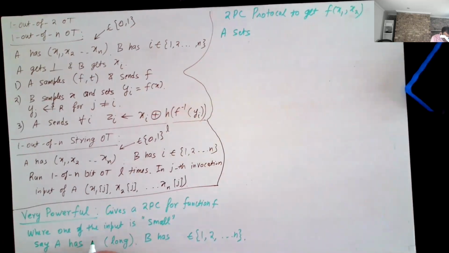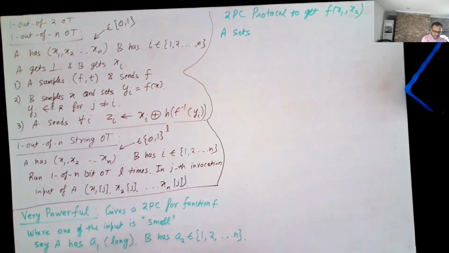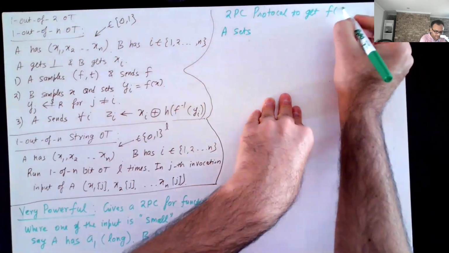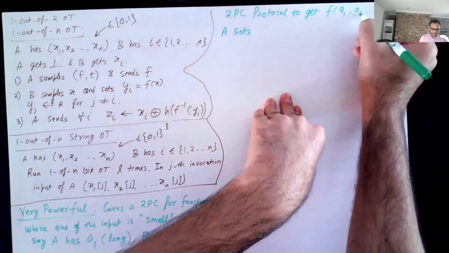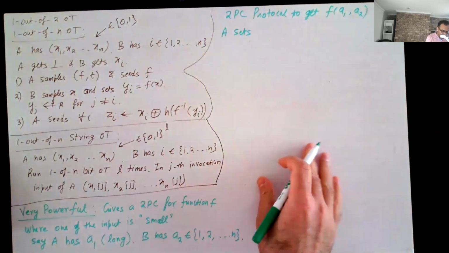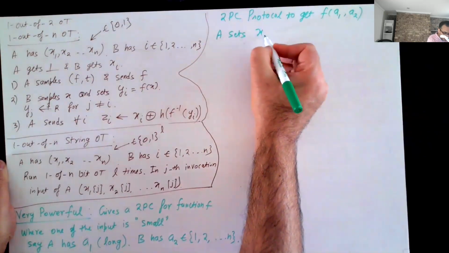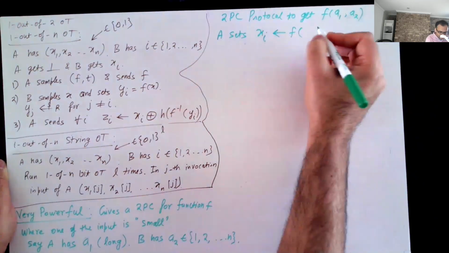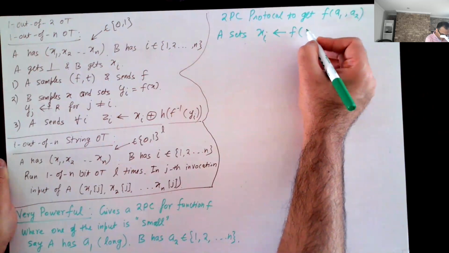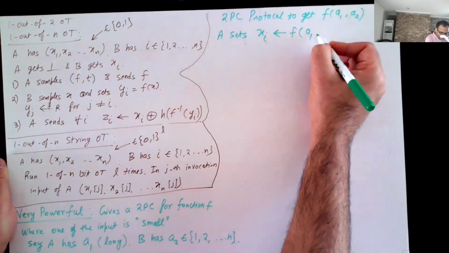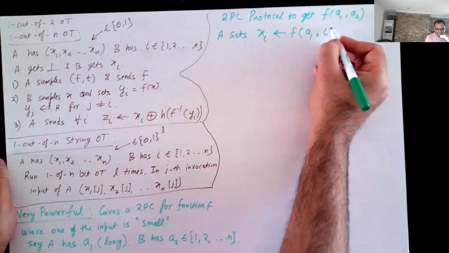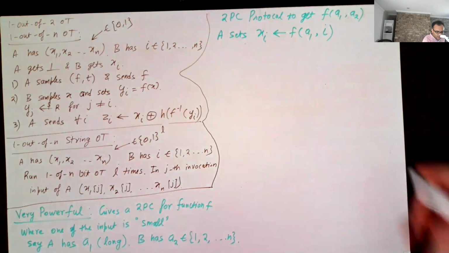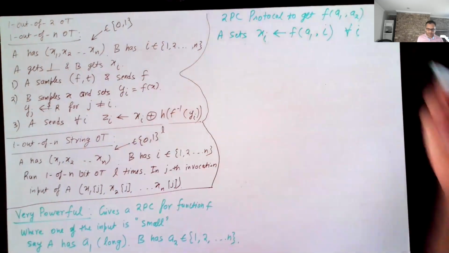Let me call the inputs A1 and A2, and you are trying to compute f of A1 comma A2. So A sets xi to be f of A1 comma i, for all i.